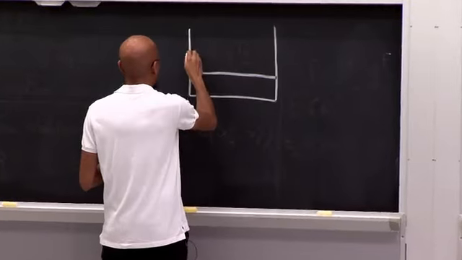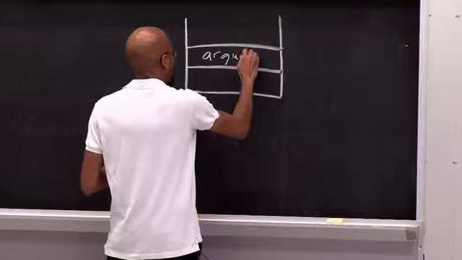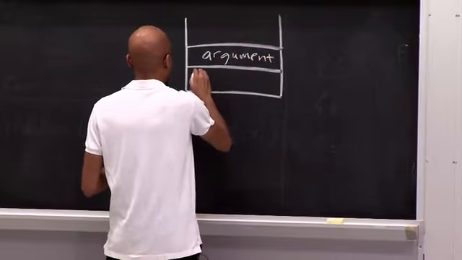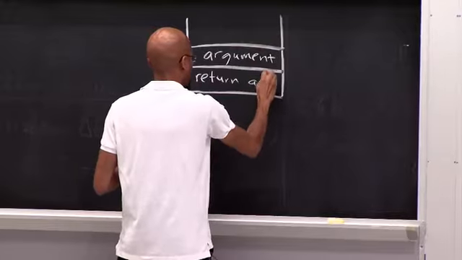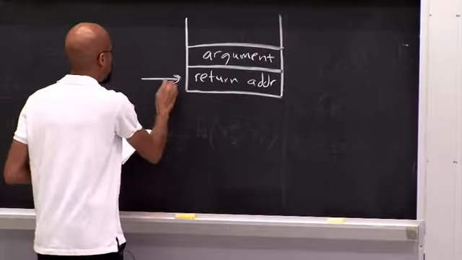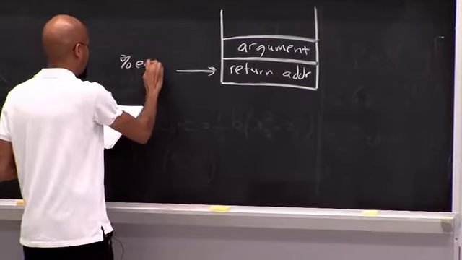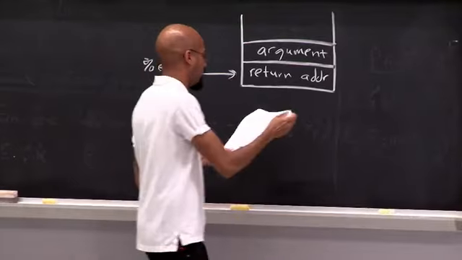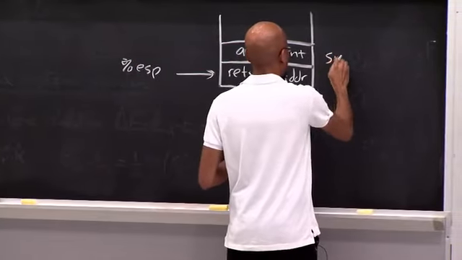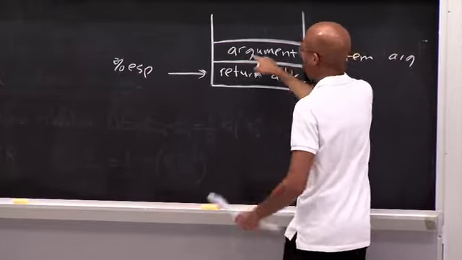We want to set up something like this on the stack. Right, so basically we're going to fake what system would expect to be on the stack, like right before it actually executes its code. So up here we have the argument to system.